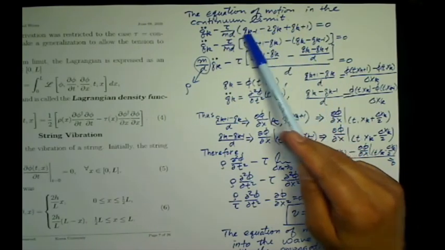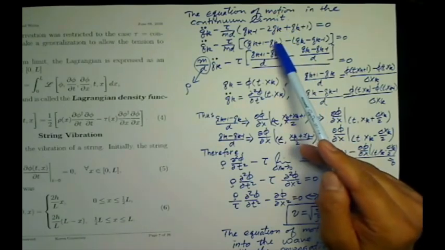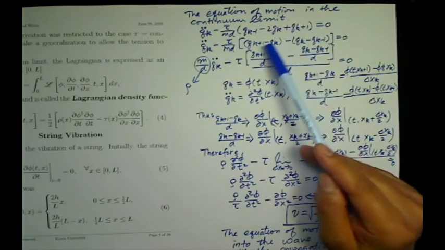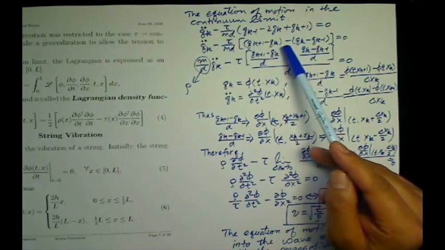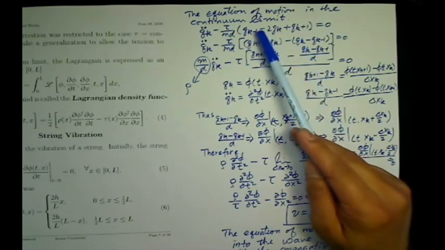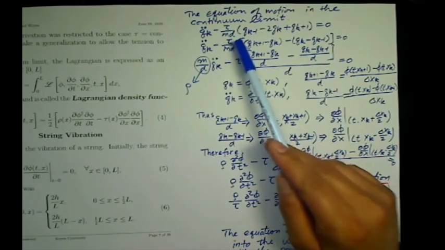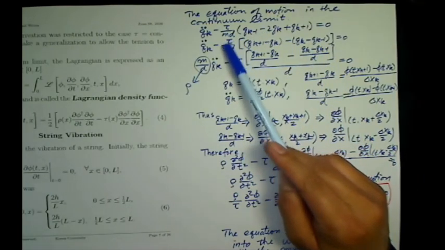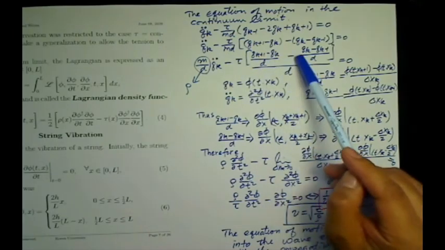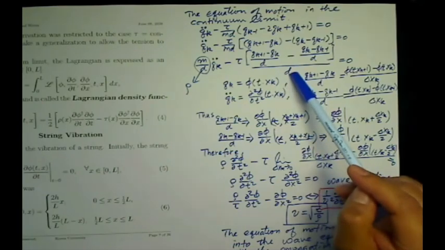If we reorganize this, distributing the 2 times qk into here and there, what we find is the difference of qk plus 1 minus qk and qk minus qk minus 1. If I pull this d into the denominator, we will find this one. And then we have an additional d in the denominator.